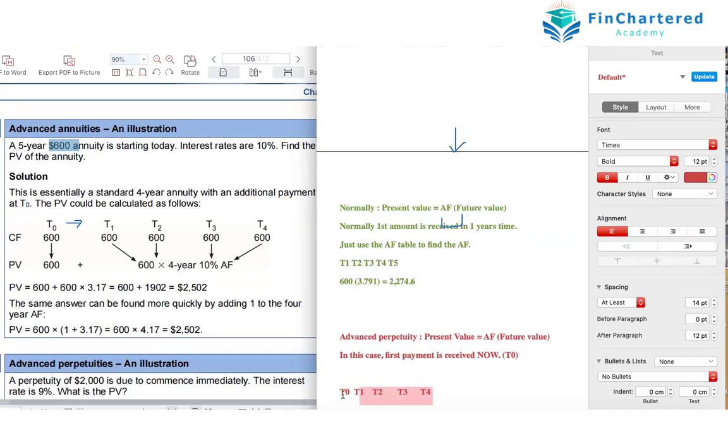Because you are getting this amount for only 5 years. Time 0 is 1 year. Time 1 is 2 years. Time 2 is 3 years. Time 3 is 4 years. And time 4 is 5 years. So see, 5 years are over. So in this case, you will only take till time 4 because you are getting the first payment now. That is in time 0.